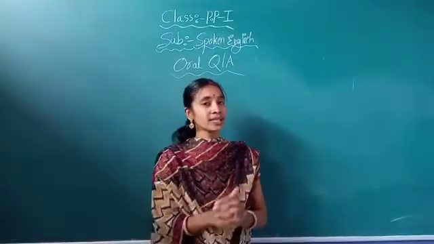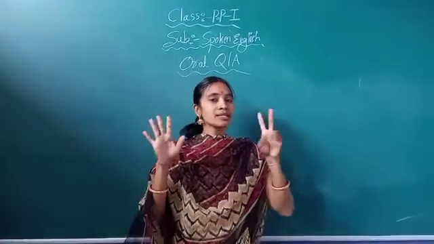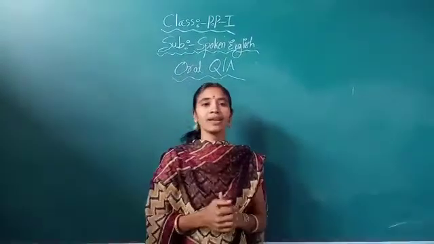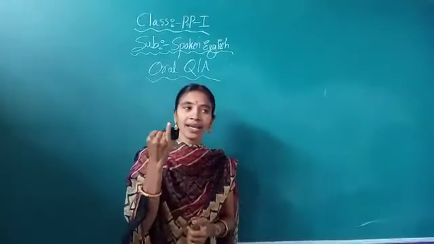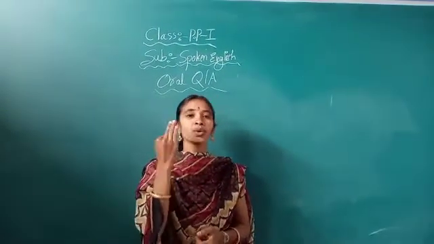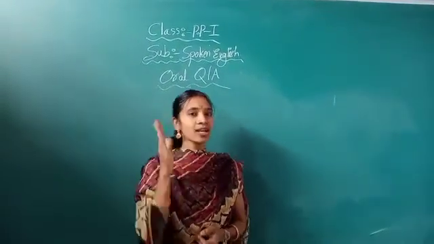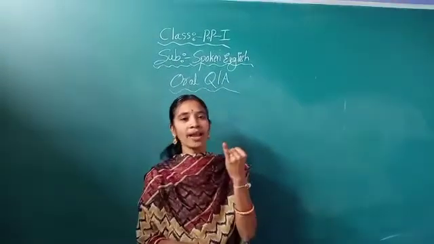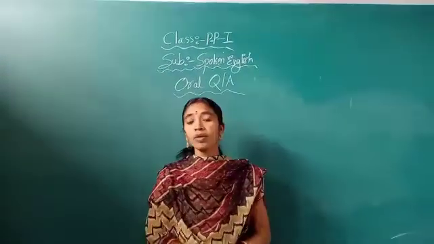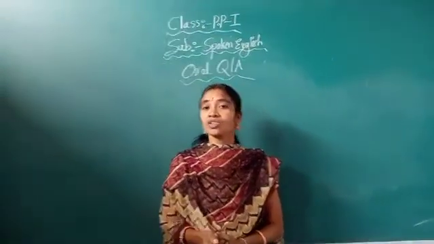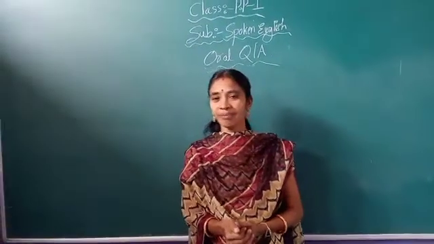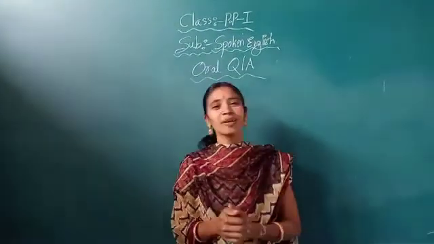How many days in a week? There are 7 days in a week. They are Sunday, Monday, Tuesday, Wednesday, Thursday, Friday and Saturday. What is the name of our national bird? Tell me. Our national bird is peacock.